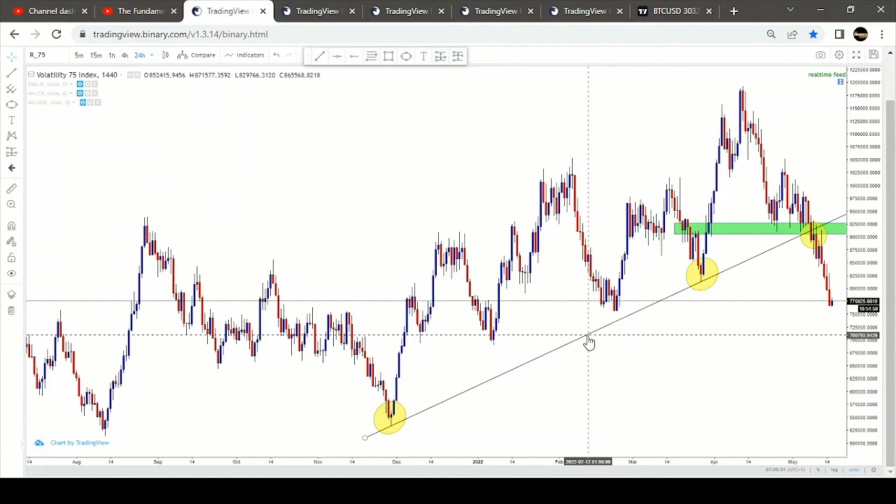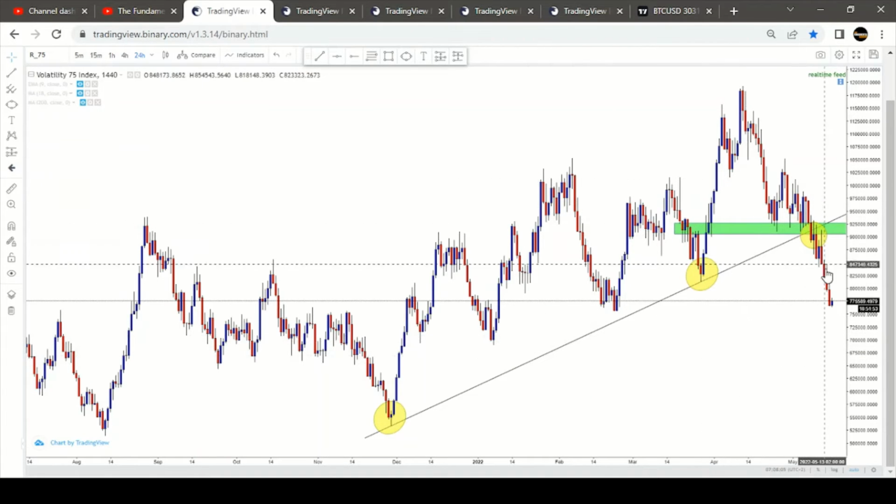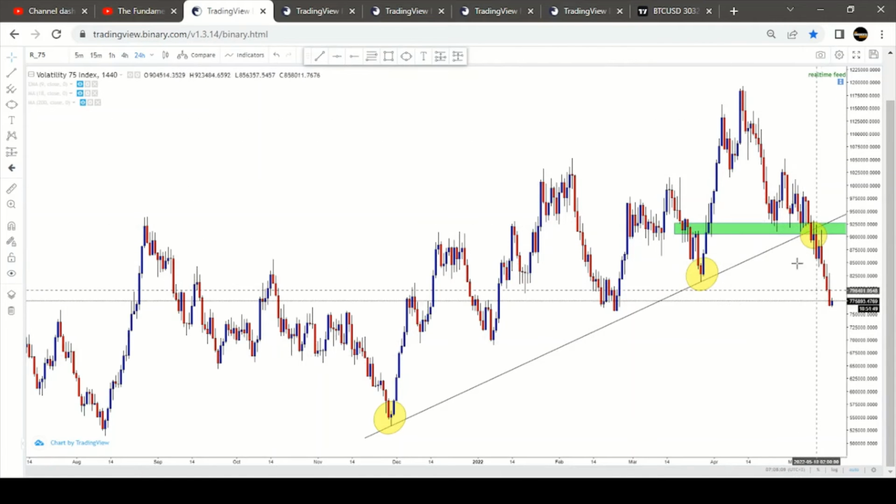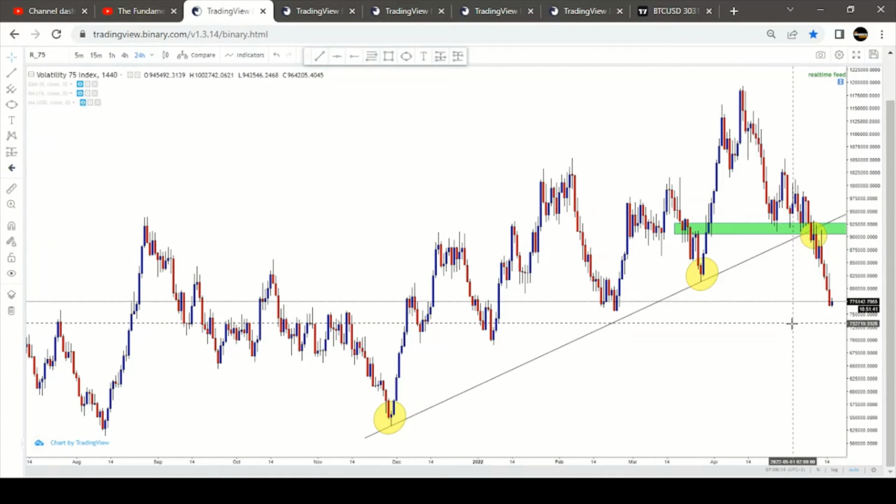The next step is the overall structure you get from the daily. I'm going to say something extremely stupid, but it makes a lot of sense. Look at all these red candles, and you can clearly see it's pushing down hard, which means the market is super bearish. So do not look for buys yet.